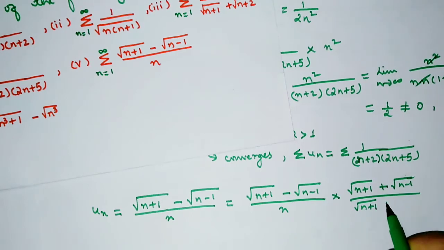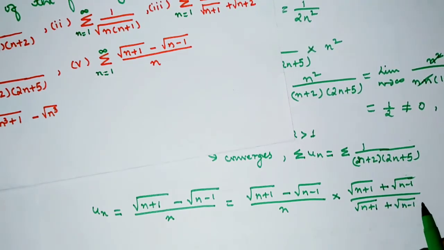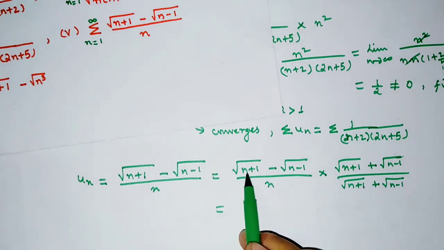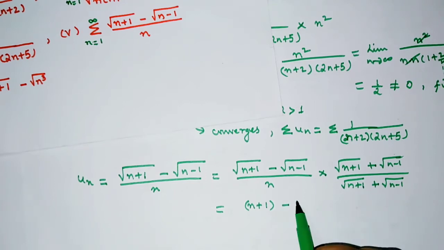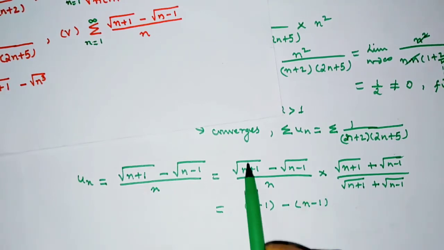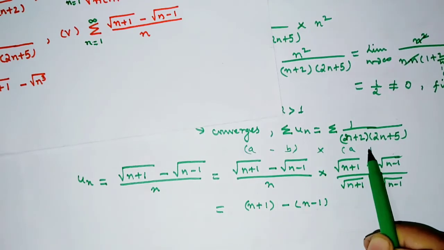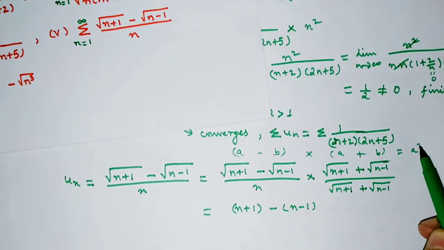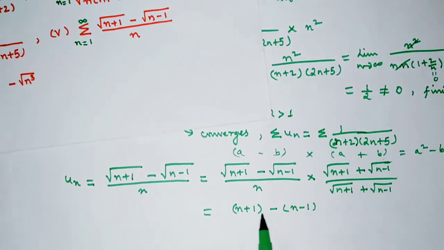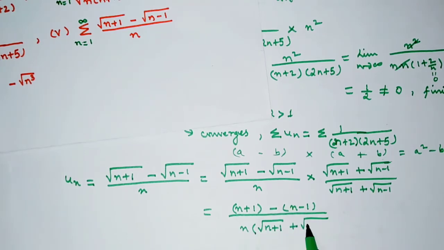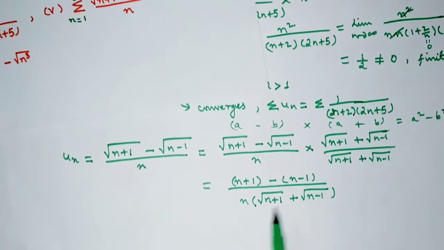From here we will get n plus 1 minus n minus 1. This is of the form a minus b into a plus b, which is equal to a square minus b square. Hence we have n plus 1 minus n minus 1 divided by n into root over n plus 1 plus root over n minus 1.